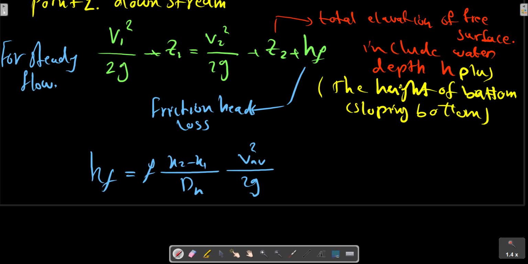Since channels are irregular in shape, the size is taken to be the hydraulic radius, RH, as in this relation.